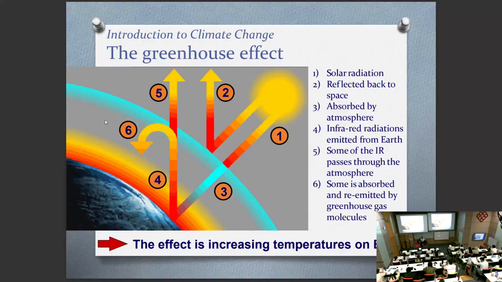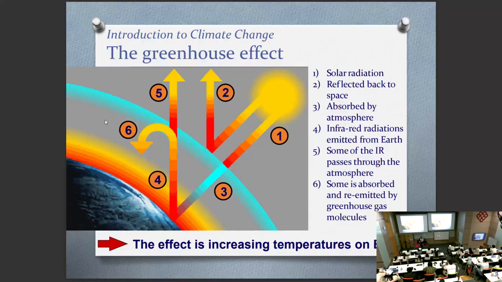But we have trees to absorb the carbon dioxide and convert it into oxygen, such that there is a balance. So no problem, no global warming. But after the Industrial Revolution, too much carbon dioxide and other kinds of greenhouse gases were released to the atmosphere, and so this causes the anthropogenic greenhouse effect.